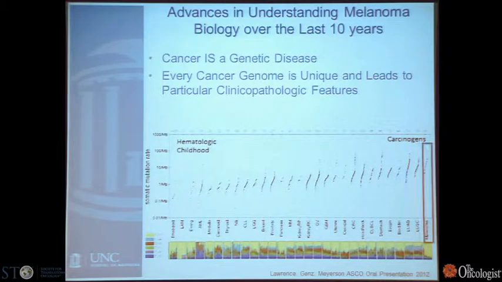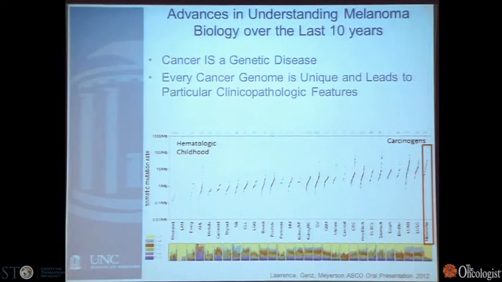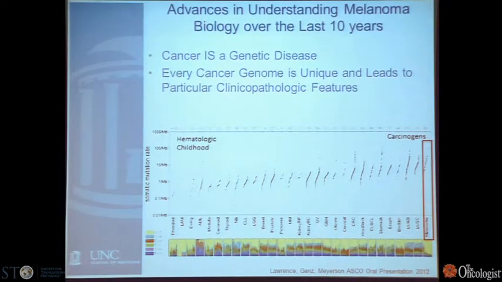The point I want to make is that melanoma appears to be the most frequently mutated cancer. And it is interesting that it's even higher than squamous cell lung cancer or lung adenocarcinoma, and much higher compared to childhood malignancies or hormone-dependent cancers like breast cancer or prostate cancer.